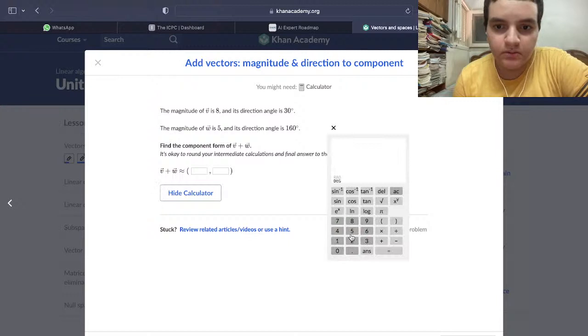So we're going with 8 by cosine of 30 plus 5 by cosine 160. That's 2.22.